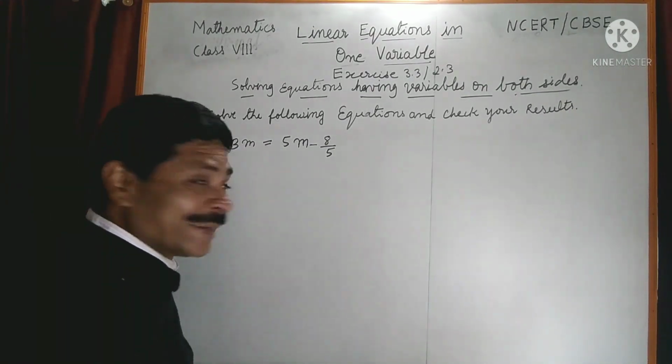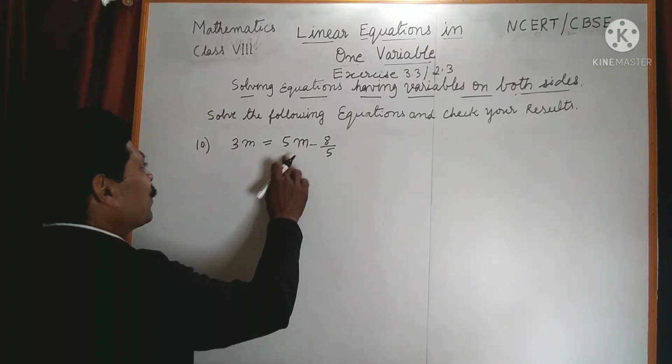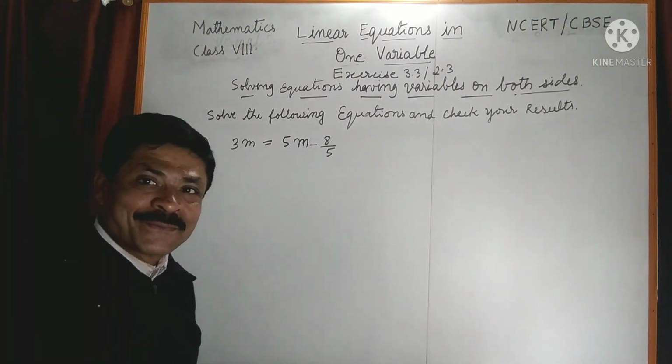Now, question number 10. 3m is equal to 5m minus 8 by 5.